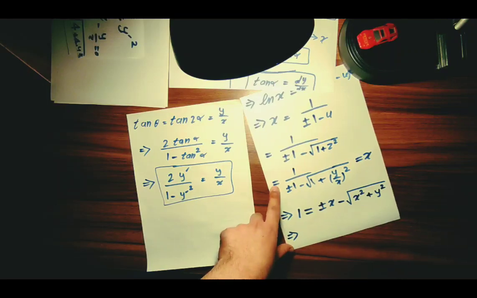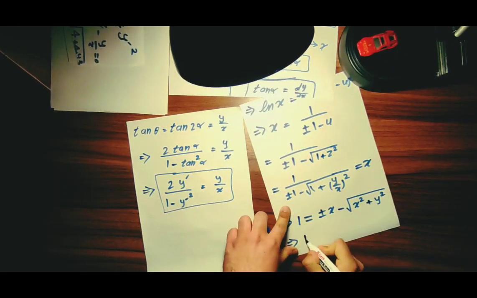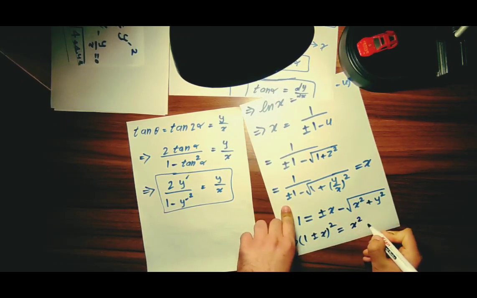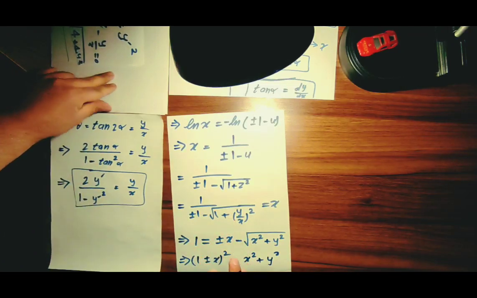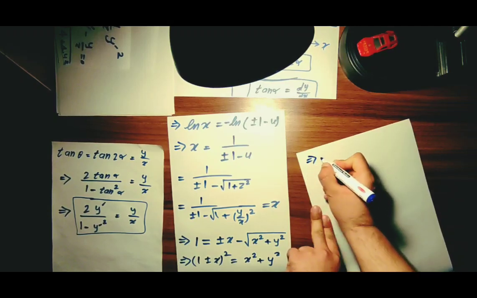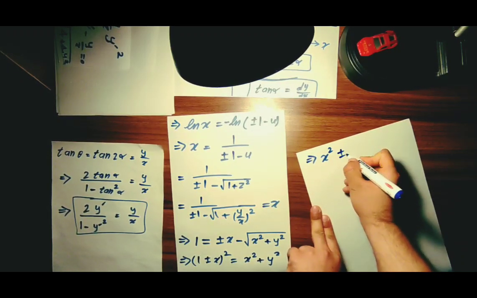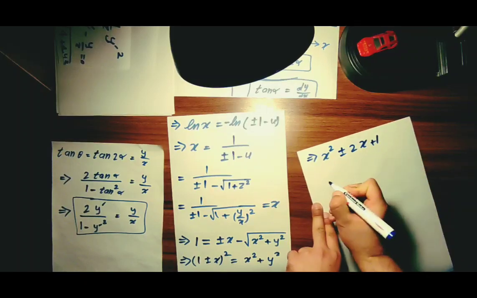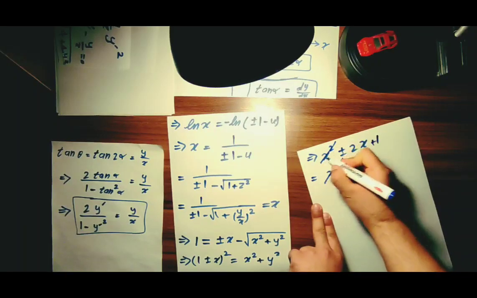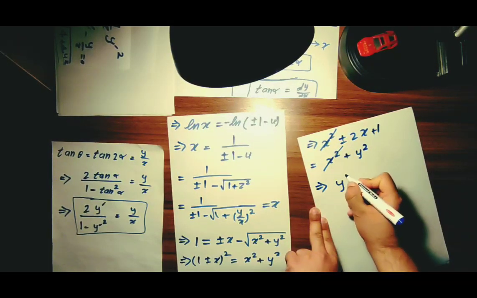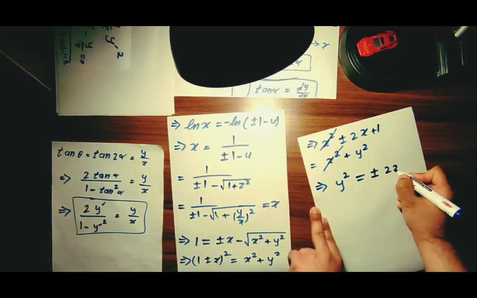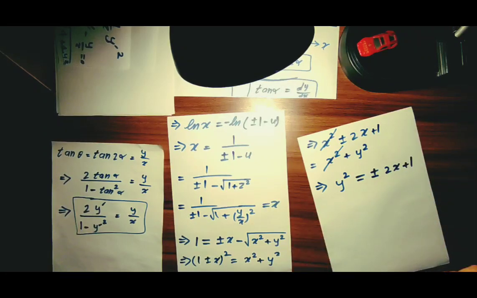So 1 plus minus x squared is equal to x squared plus y squared, and so x squared plus minus 2x plus 1 is equal to x squared plus y squared, which these cancel each other, and so y squared is equal to plus minus 2x plus 1. This is the answer.